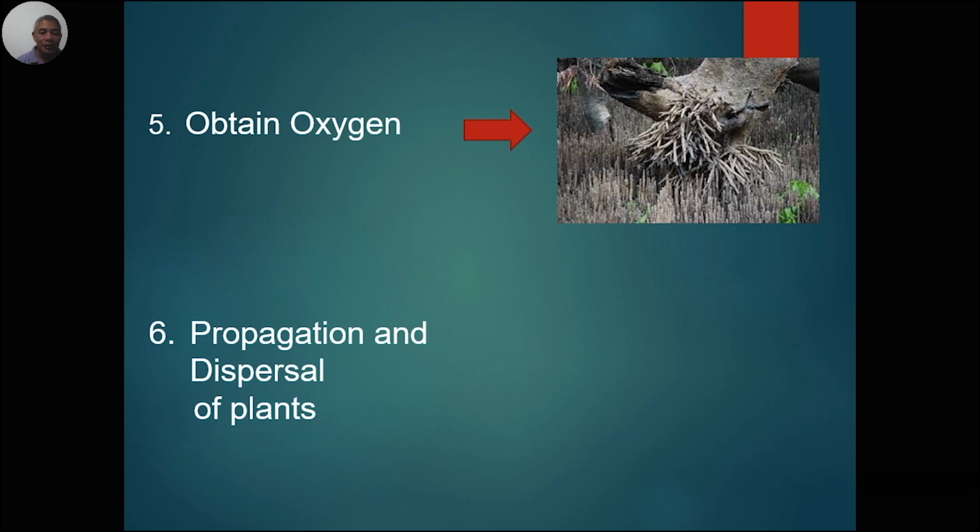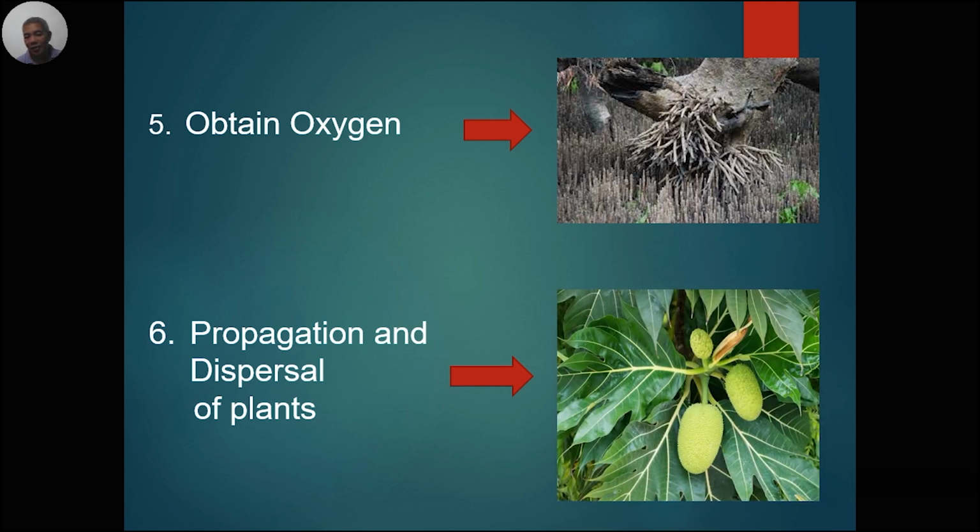Then we have propagation and dispersal of plants. I have here an example of a breadfruit plant, and this plant can be propagated by means of roots. Please take note that there are classifications of plant propagation.